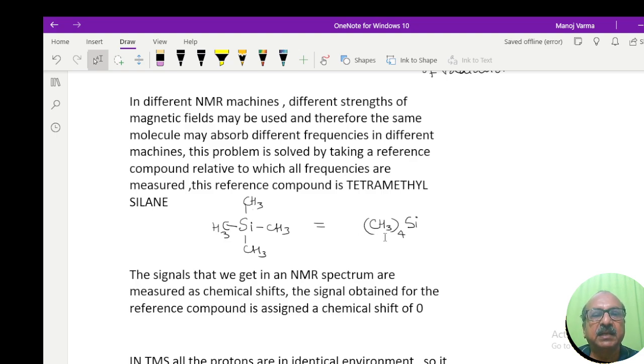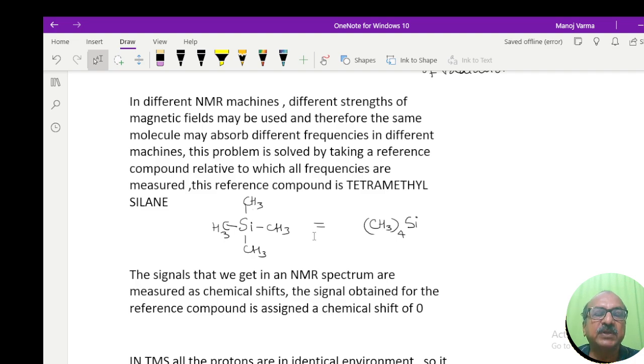You can be reminded of electrochemistry, where the standard electrode potential of the hydrogen electrode is taken as 0 volt, and all other electrode potentials are measured with reference to the standard hydrogen electrode. Same way, this is the reference point for our measurements.